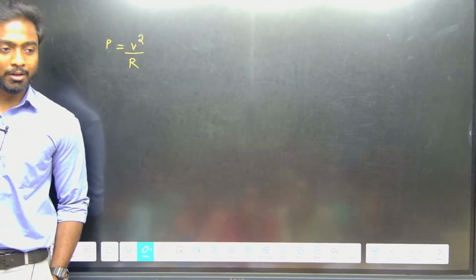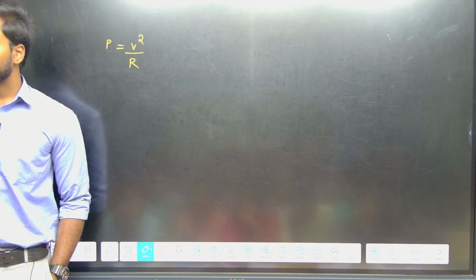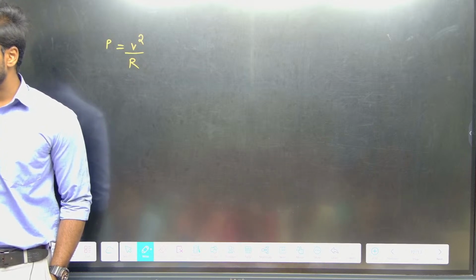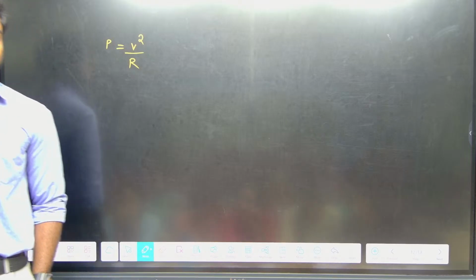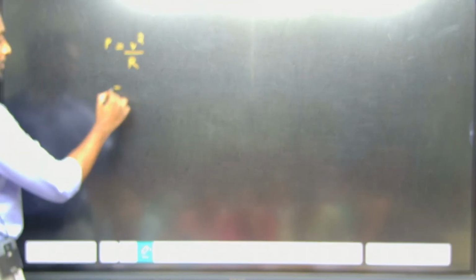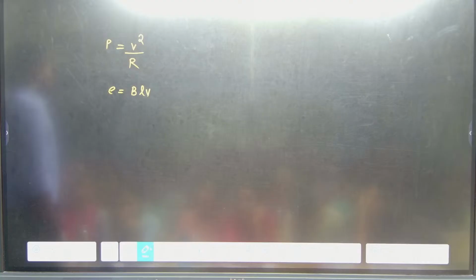What is the motional induced EMF formula? E equals B L V sin theta. So I can take E equals B L V, taking the maximum, since sin 90 is 1.